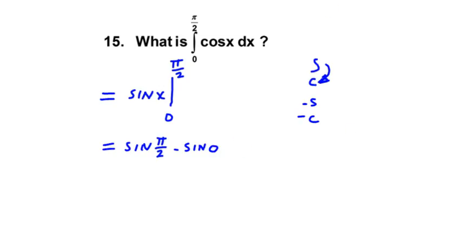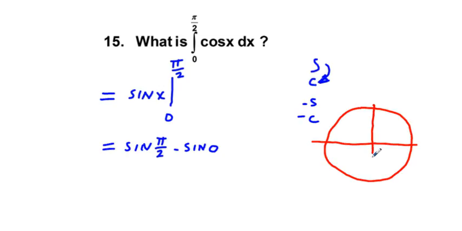Well, if we remember our unit circle, pi over 2 is equivalent to 90 degrees, so pi over 2 is right up here. And in a unit circle, the sine is the y value, so that is going to be 1. Our answer is 1 minus 0, which equals 1. So that is our answer to problem 15.